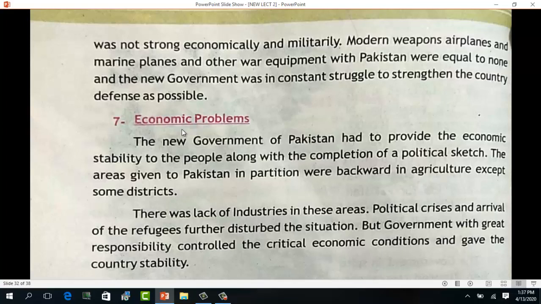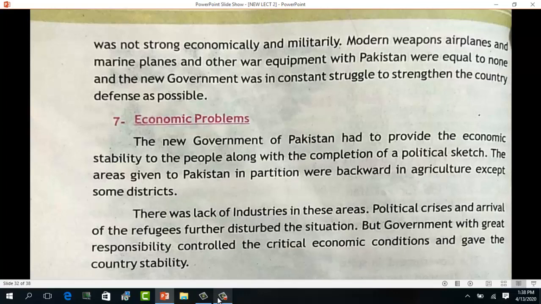Remember again, total industries were 921. Pakistan's share was 34. The major industries were in Indian territories, but the government with great responsibility controlled the critical condition and gave the country stability.